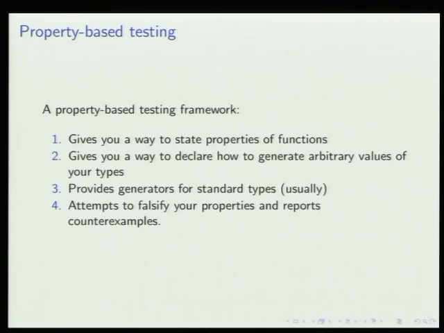And so finally, having been able to generate random values and having a set of properties to check, it will check that those properties hold in a large number of cases. That number's typically configurable. 100 is a common default. And if the property holds in all those cases, then the test is declared to be successful.